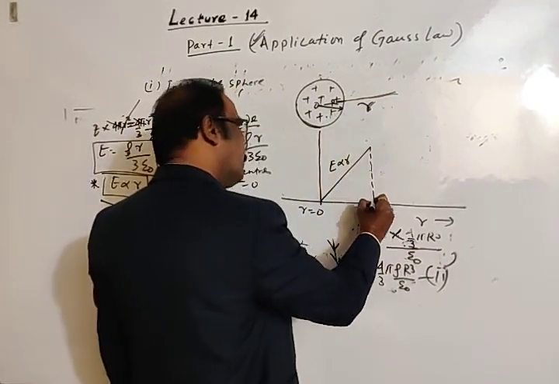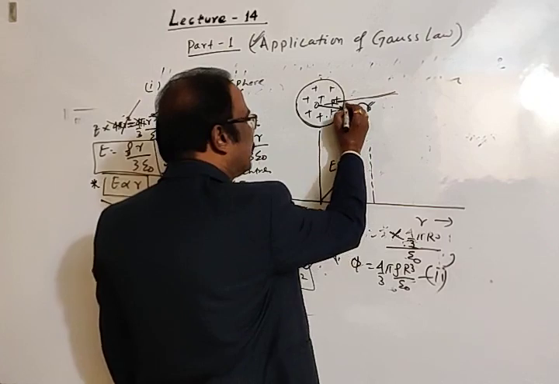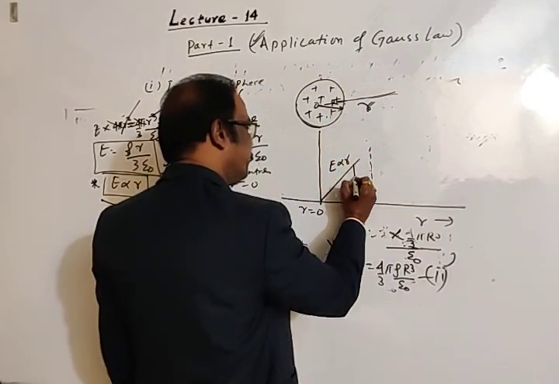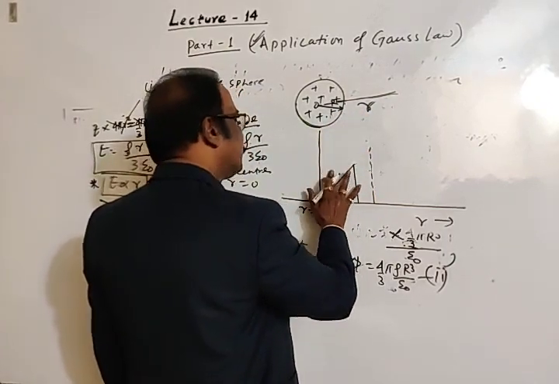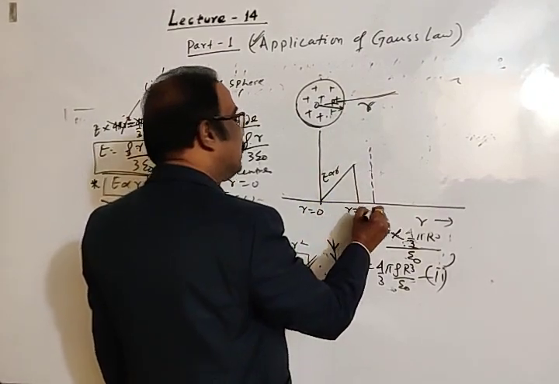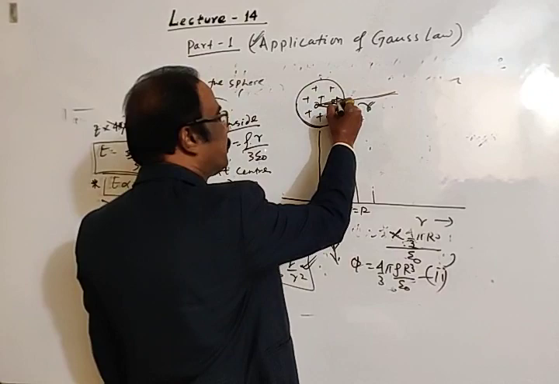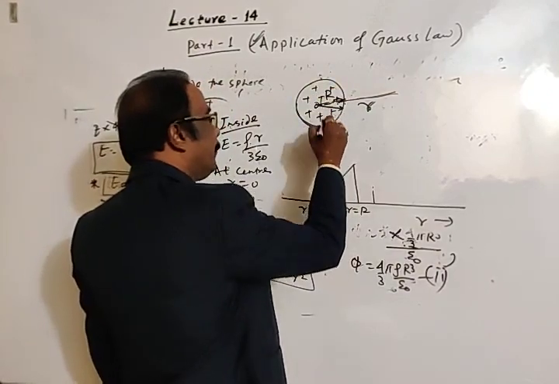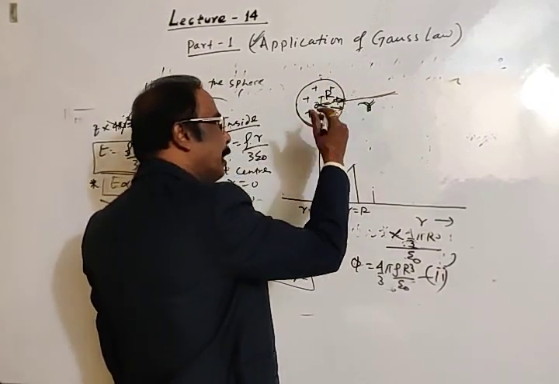And this is the surface of the sphere. Here r is equal to R, meaning the radius of the sphere is capital R. Small r is arbitrary.